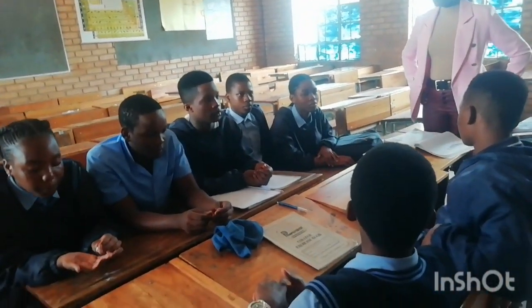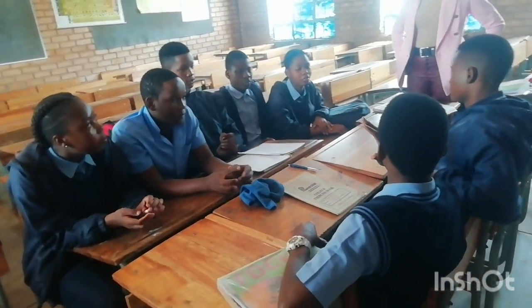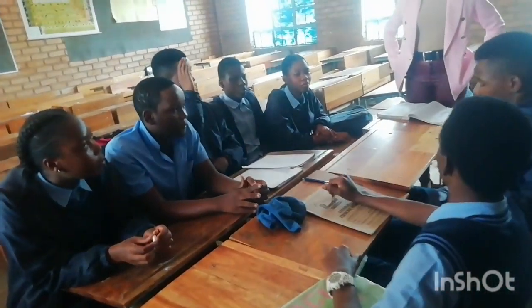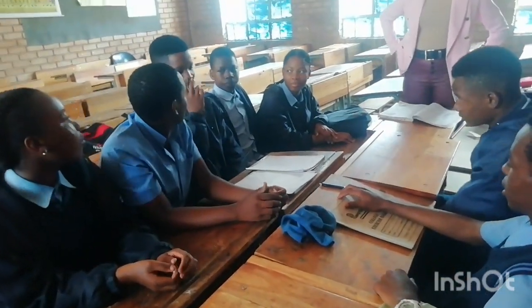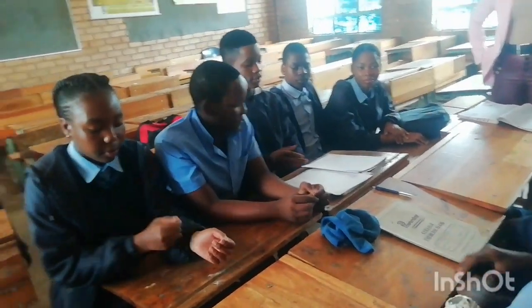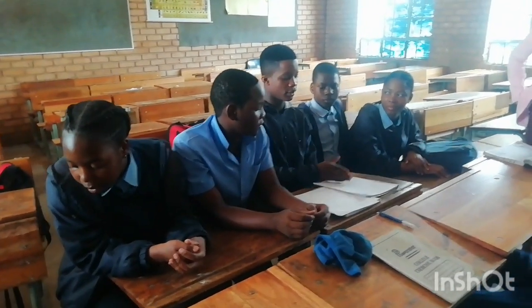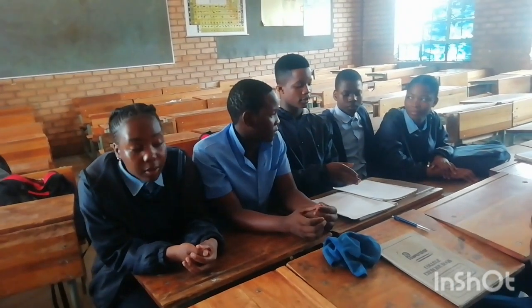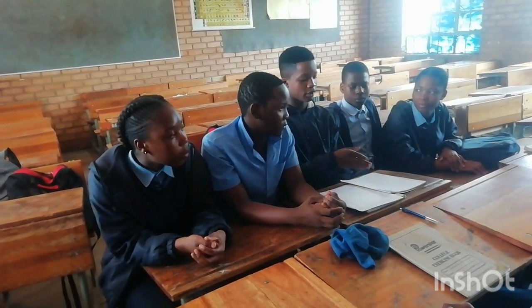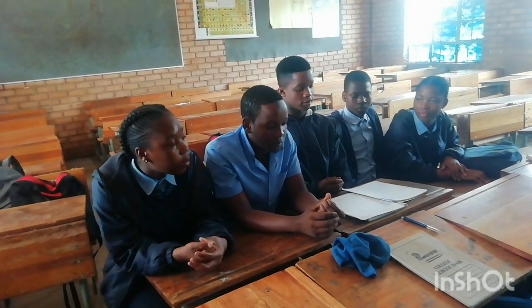Any other organ that you can talk about? There are lots of organs that you didn't mention. Cell wall. It is responsible for the coming in and going out of substances. That's very true.